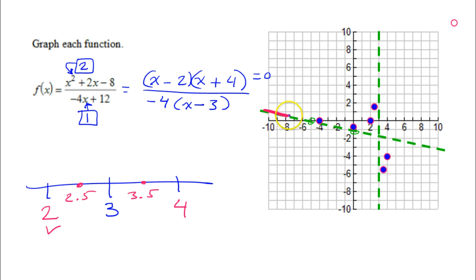I'm going to pass through these points as I approach the asymptote on either end, and I'm going to do the same thing here. I have to approach the asymptotes and at the same time pass through these points. So it's going to look something like this.